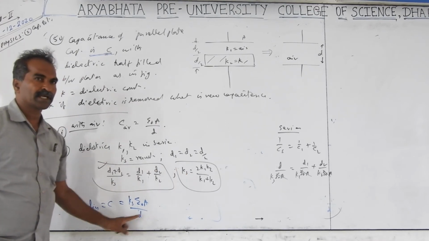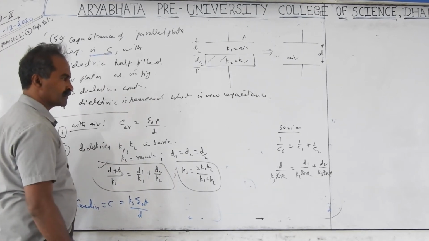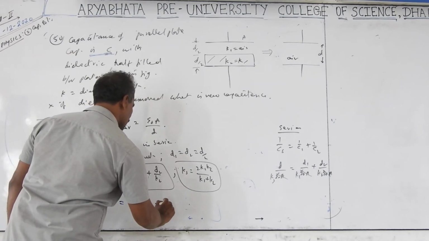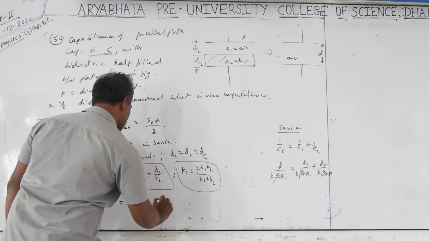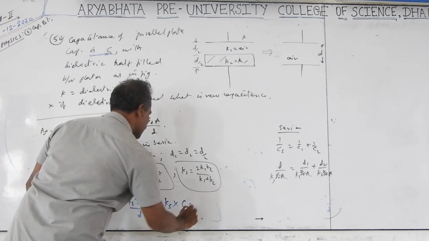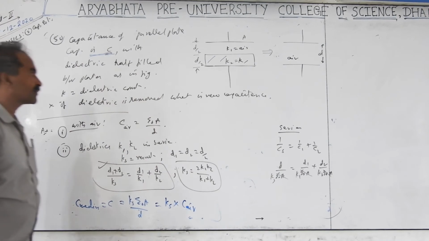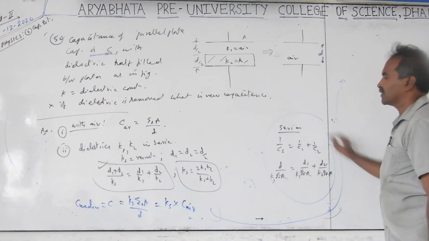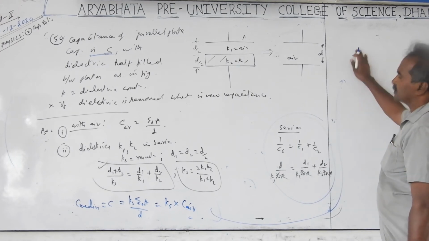That value you have to write here, which is nothing but K series into C air. This is not required, this is an extra relationship.